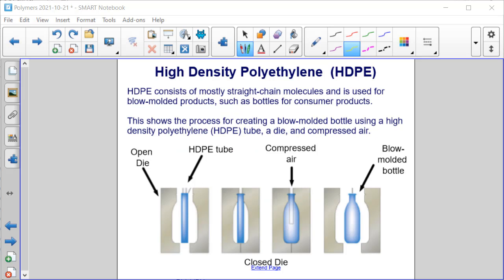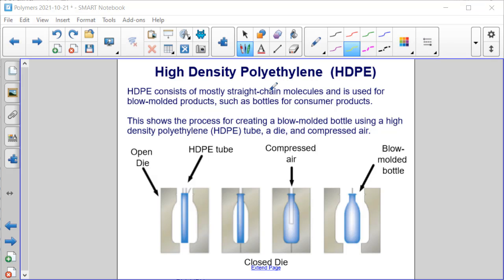High-density polyethylene, or HDPE, consists of mostly straight-chained molecules and is used for blow-molded products, such as bottles for consumer products. This shows the process for creating a blow-molded bottle using a high-density polyethylene tube, a die, and compressed air.